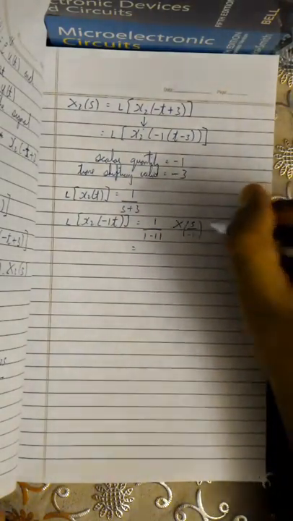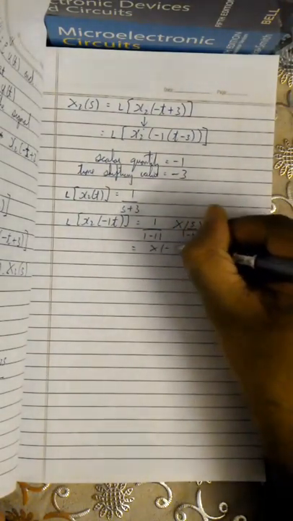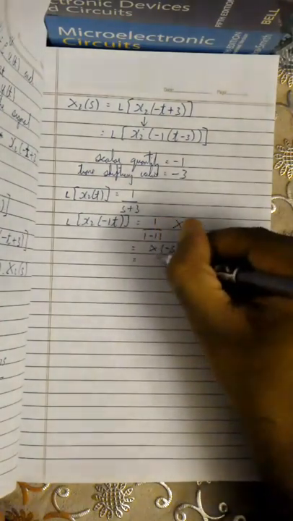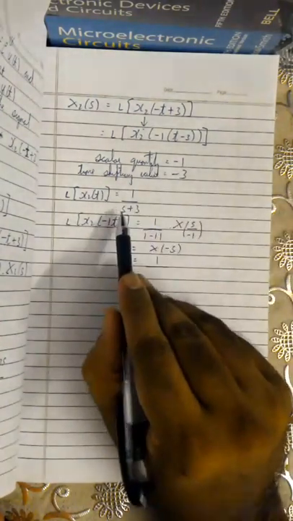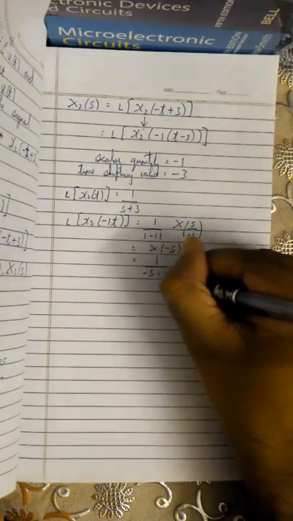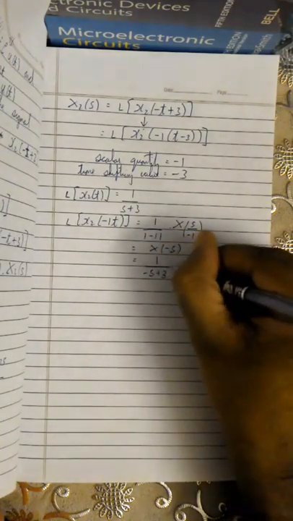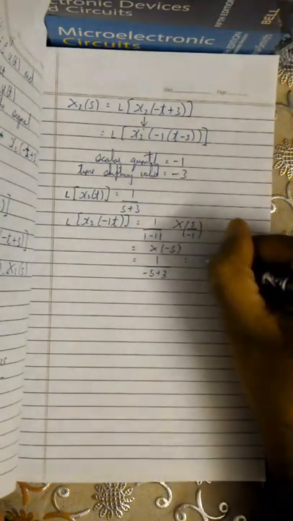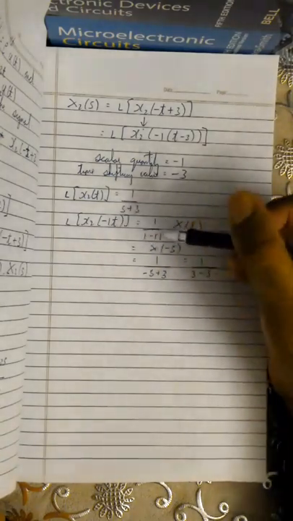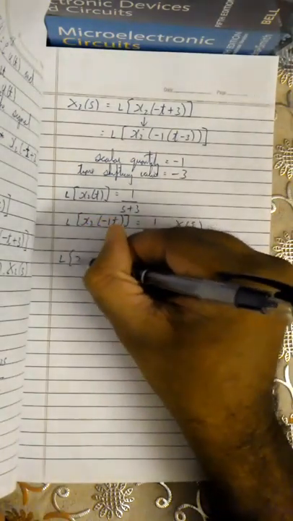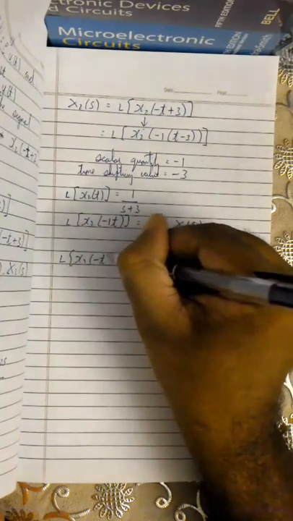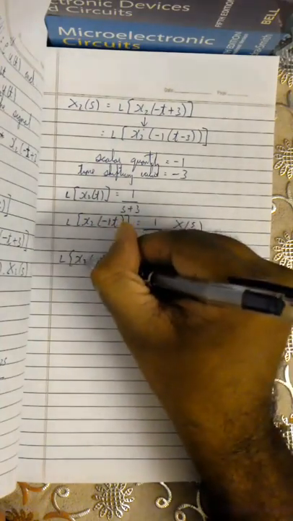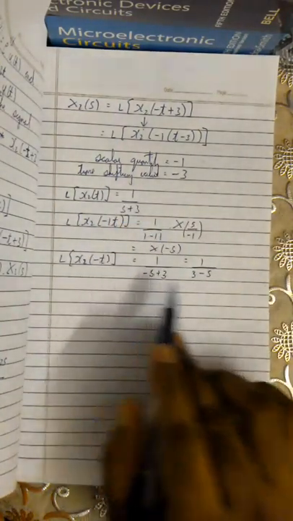Mod of minus 1 is 1 itself, so this is nothing but X(minus s), which is 1 by, replacing s with minus s, minus s plus 3, or equivalently 1 by 3 minus s. This is the Laplace transform of x2(minus t).